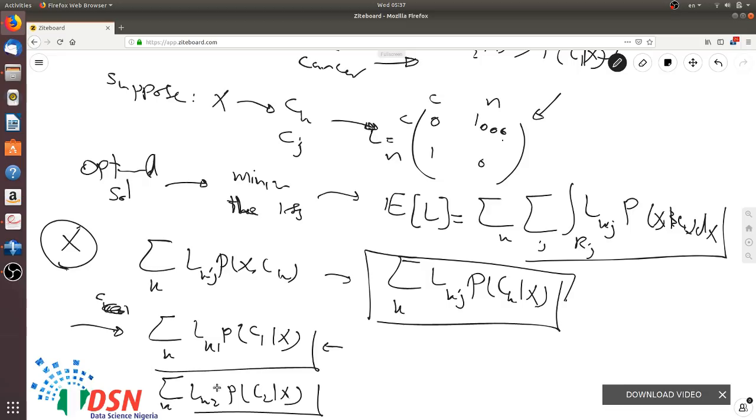Based on which is greater, we decide whether that person has cancer or is normal, and the minimum of these two is the winner. Okay.